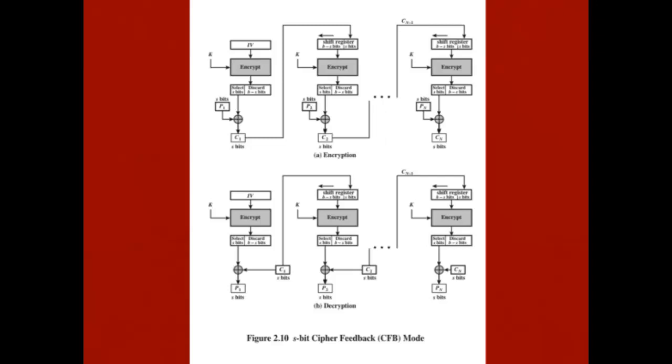The figure depicts the CFB scheme. In the figure, it is assumed that the unit of transmission is S bits. A common value is S equals 8. As with CBC, the units of plaintext are chained together so that the ciphertext of any plaintext unit is a function of all the preceding plaintext.